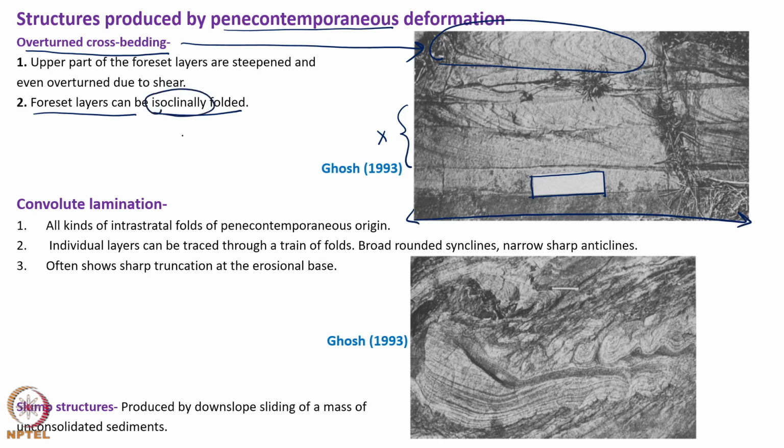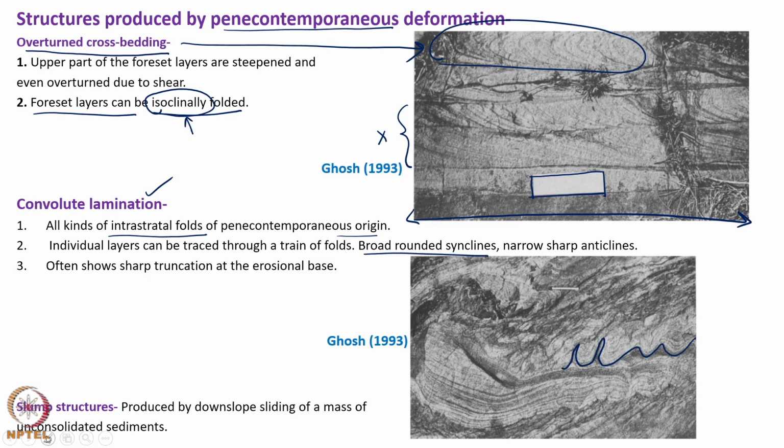Isoclinally folded means tightly folded. Convolute lamination, all kinds of intrastratal folds of penecontemporaneous origin, individual layers can be traced through a train of folds. I can see it is a train of folds visible and is broad rounded syncline.